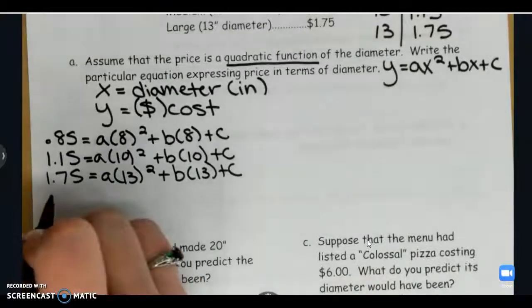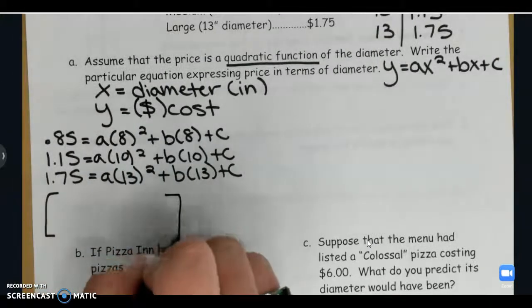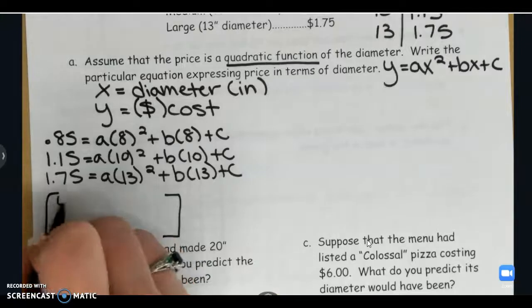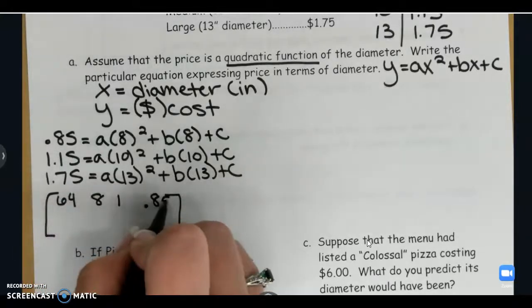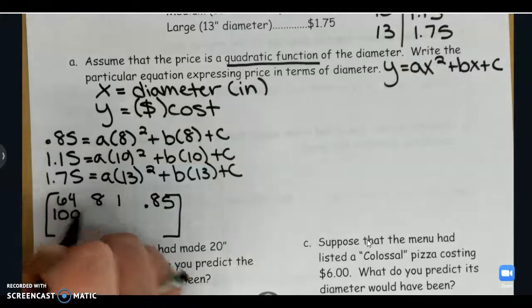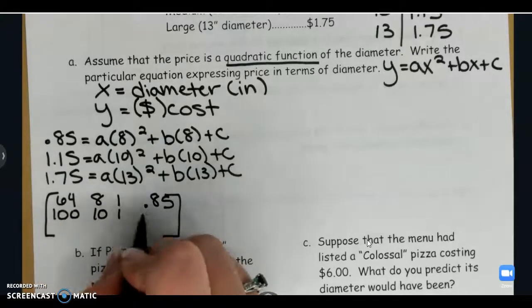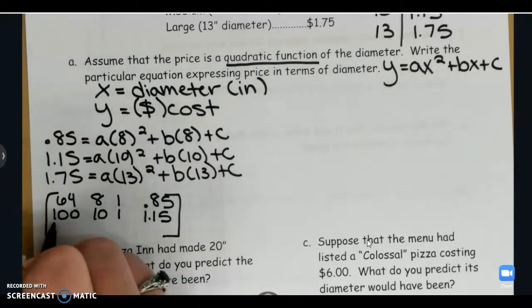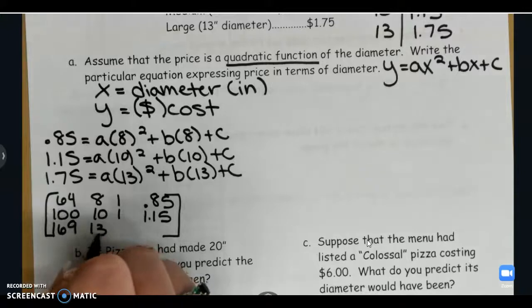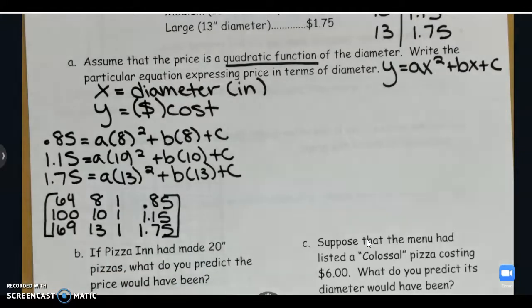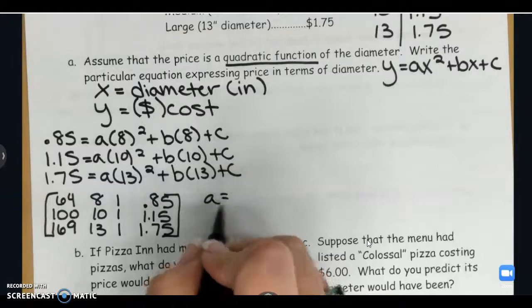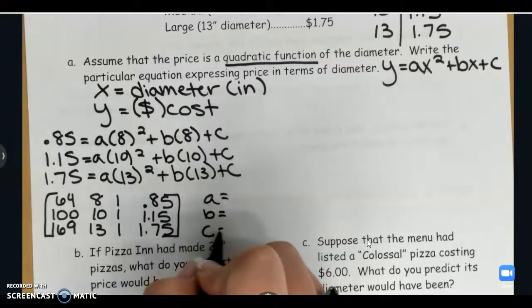So to make this a matrix, our a would be 64, 8 for b, 1 for c, 0.85; 100, 10, 1, 1.15; 169, 13, 1, and 1.75. And if we solved it in our matrix, it would spit out for us what a, b, and c are.